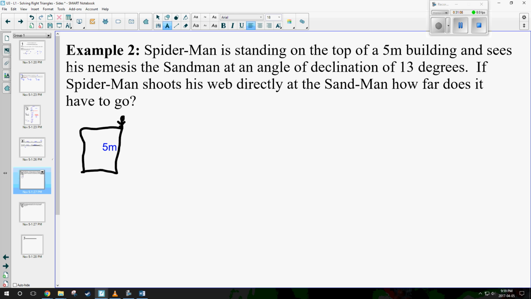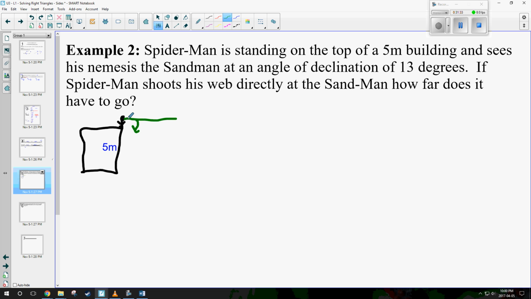The next thing is he sees his nemesis Sandman at an angle of declination of 13 degrees. So remember, angle of declination is from your line of sight. So from Spider-Man's line of sight, which is horizontal. Ooh, that's a really terrible straight line. Horizontal, looking down.